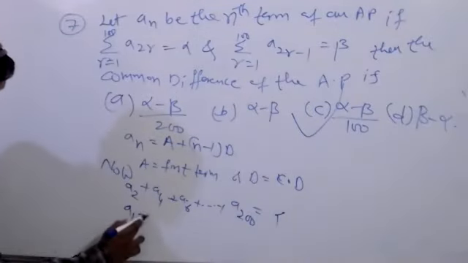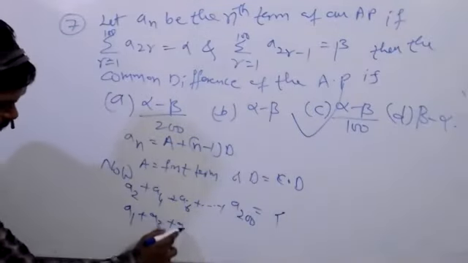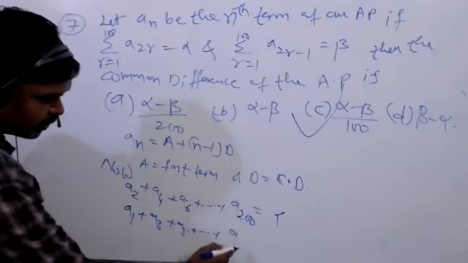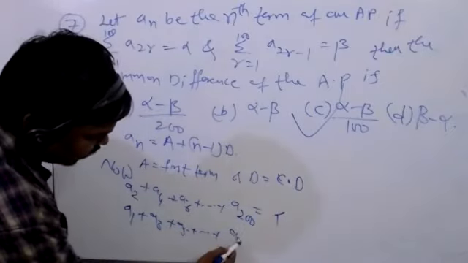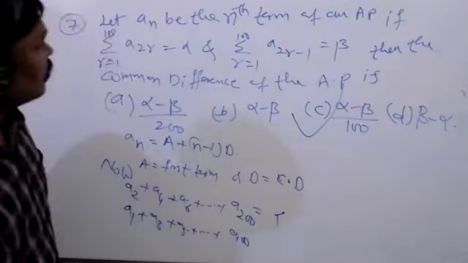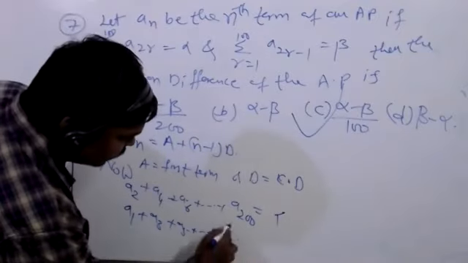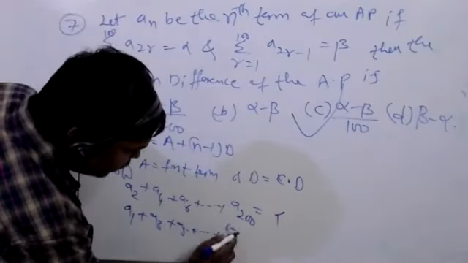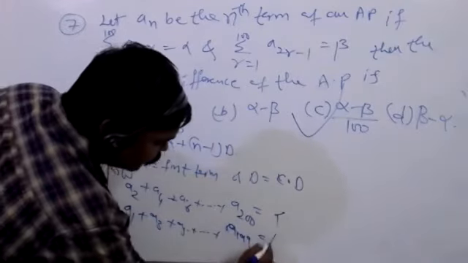Then a1 plus a3 plus a5 plus so on plus a199 is equal to beta.